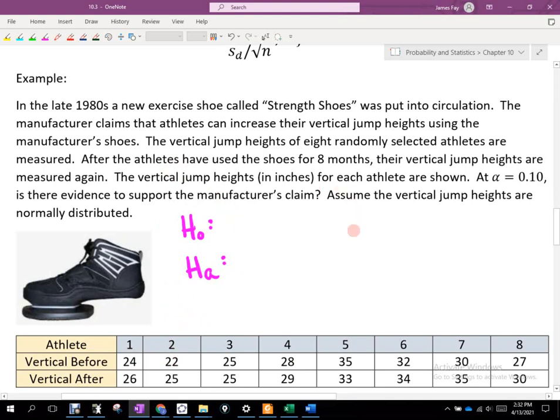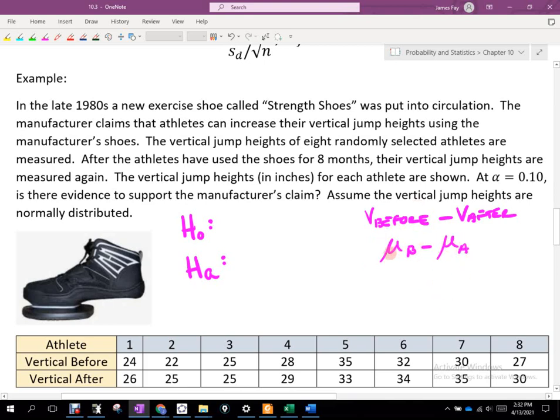I'm going to do the vertical before minus the vertical after. So what that means is that mu is the mean of before minus the mean of after.